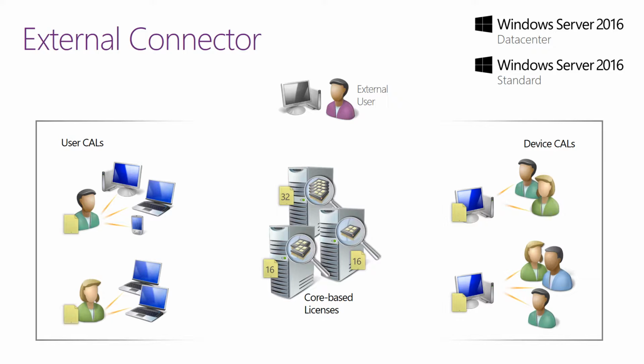You can see here that the top server has the required number of Windows Server 2016 core licenses assigned to it to cover it for Windows Server, and then the external connector license is assigned too. The server has gone purple to show that the external users are allowed access to that particular server. Note, if the external users needed access to all of the servers on our diagram, then you would need to buy an external connector license and assign it to each server.